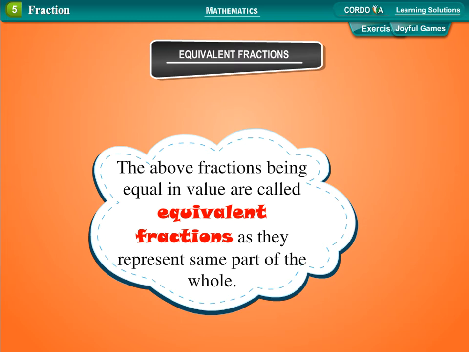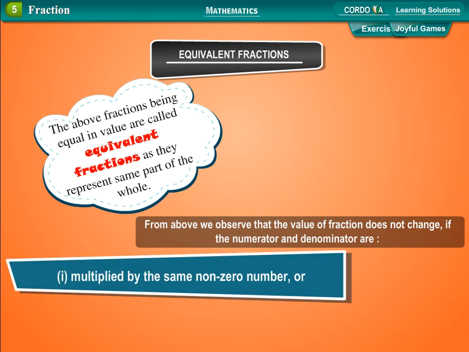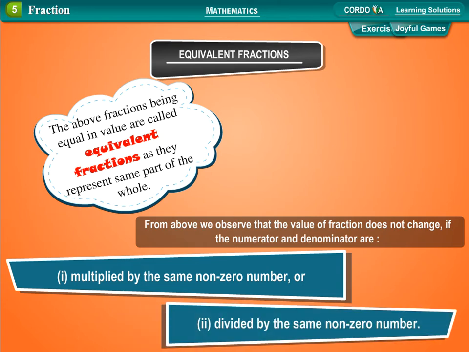The above fractions being equal in value are called equivalent fractions, as they represent same part of the whole. From above, we observe that the value of fraction does not change if the numerator and denominator are multiplied by the same non-zero number or divided by the same non-zero number.